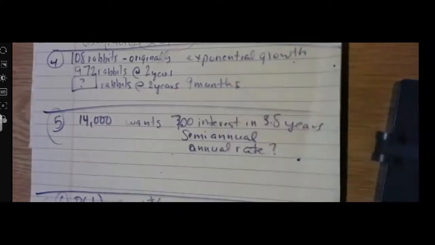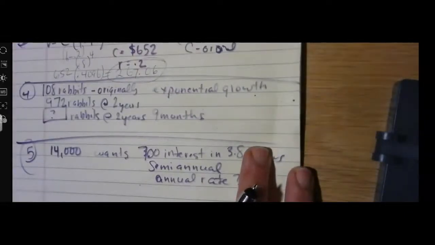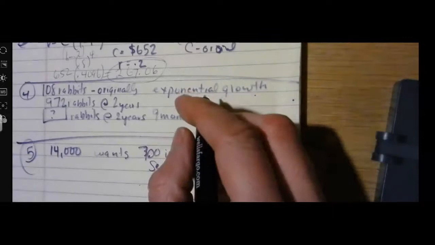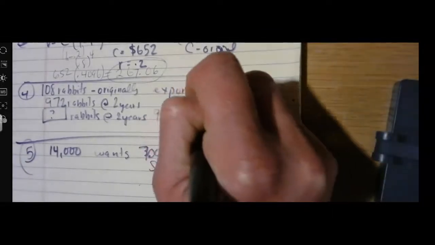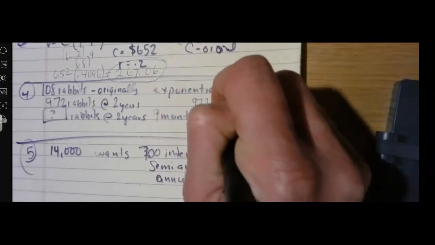So, what they're telling us is that now if you look at the slides, you might encounter a formula that might be helpful here, but just use the information that we know. We know that we have 972 rabbits at 2 years after, okay?